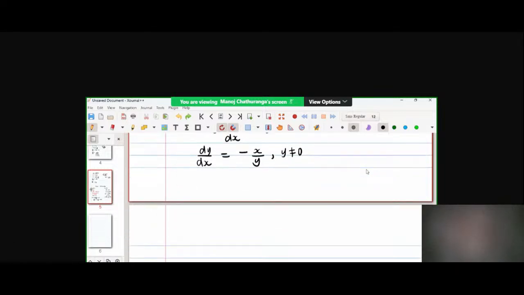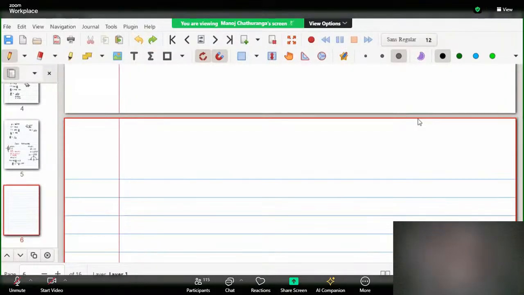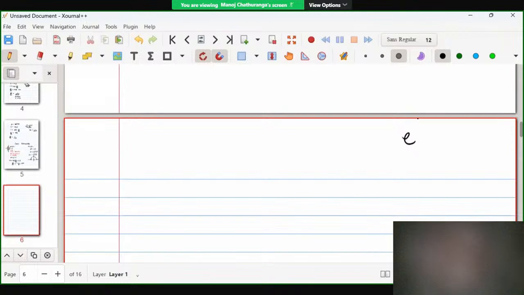So you can take any implicit equation and differentiate it. This is what we call implicit differentiation. Even to find the derivatives of inverse functions like y equals sine inverse x, we took this as x equals sine y and differentiated both sides.